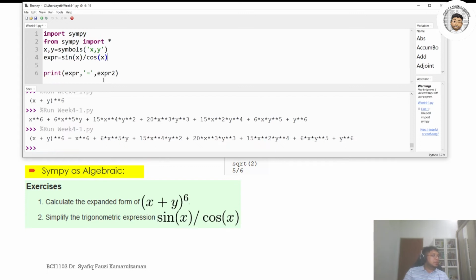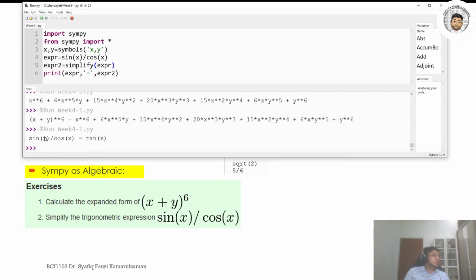And you have down here expr is equal to simplify expr. So when you're done, you see that the answer is sin x divided by cos x is equal to tan x. Okay, this is the simplification. Simple one, right? Not that difficult. So it should be fast when you do it.